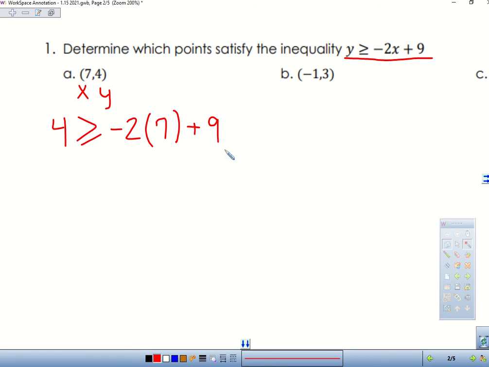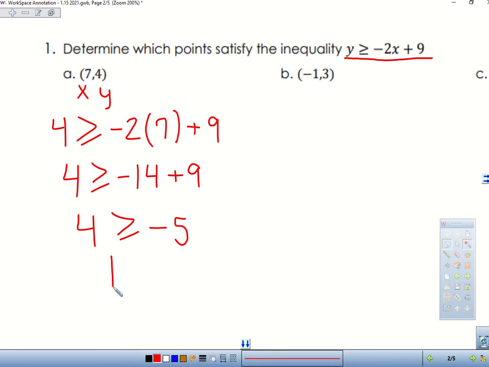What is negative 2 times 7? Negative 14. Good. So we have 4 is greater than or equal to negative 14 plus 9. What is negative 14 plus 9? Good. Is 4 greater than negative 5? So this is true. So you're going to have to determine if the statement is true or false.